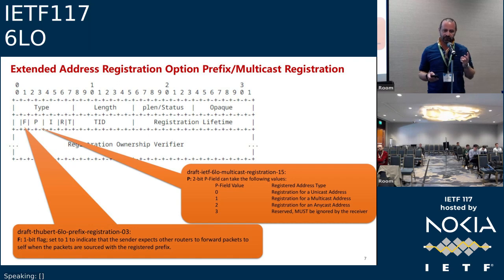The P field is basically a 2-bit field that tells you what kind of address we are dealing with. And the F field is about whether we are requesting to forward the packets, or the router forwards the packets on our behalf. Okay, this is not in the PASA document.